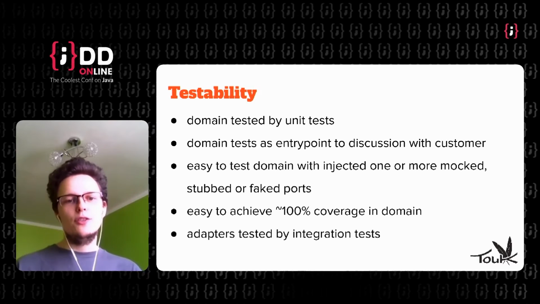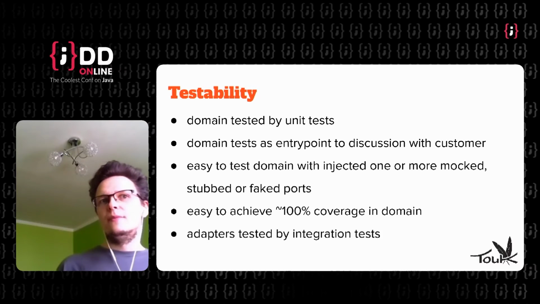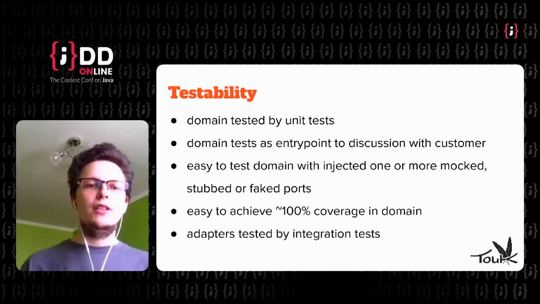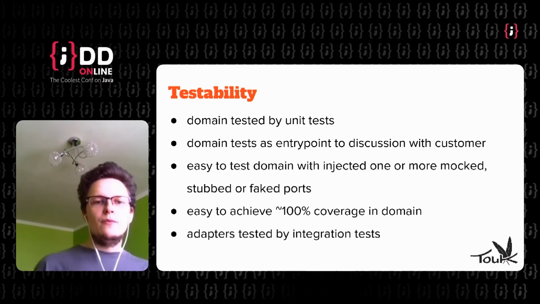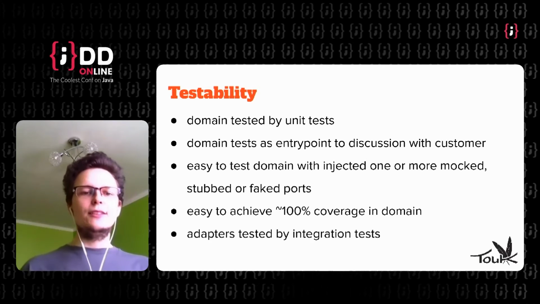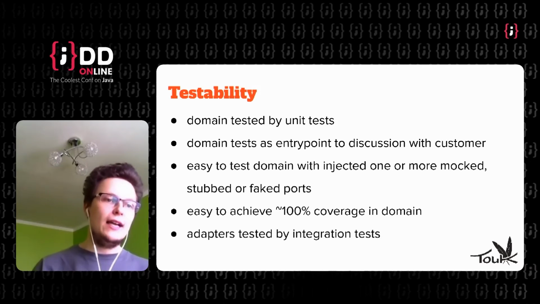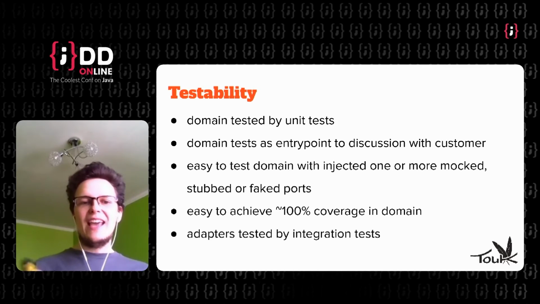And because of the usage of ubiquitous language, the customer probably will understand what you are talking about in your test. It's easy to achieve 100% coverage in your domain, and it doesn't mean that you want to cover all the lines. You want to cover all the cases in your domain, in your application.